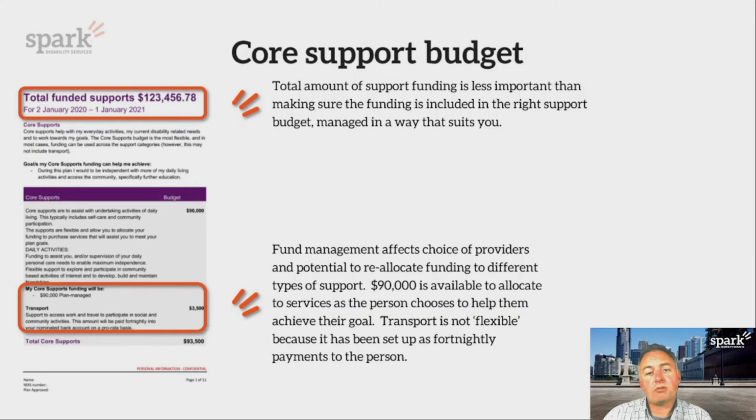And they may also require a little bit of extra support at work beyond what their manager or their supervisor might otherwise provide to them. Because that $90,000 is all managed in the same way, it's all plan managed, the person therefore has choice about how much of that money they choose to spend in each of those three different areas.